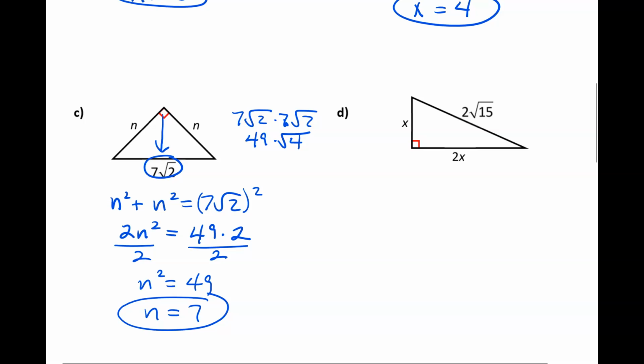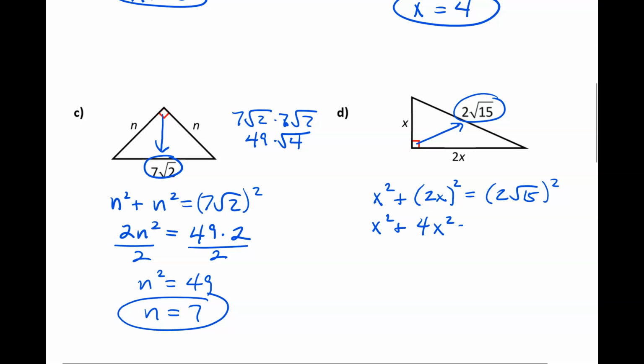All right, last example of this type. x is one of the sides, 2x is another, and 2 root 15 is the hypotenuse. So x squared plus, and be careful about this one, 2x, the quantity squared, is equal to 2 root 15, the quantity squared. All right, 2x squared means 2x times 2x, which is 4x squared without parentheses.